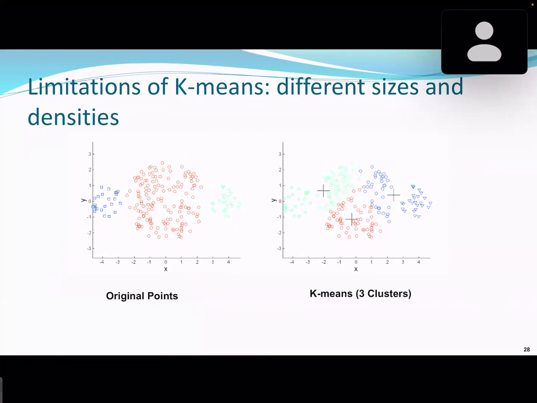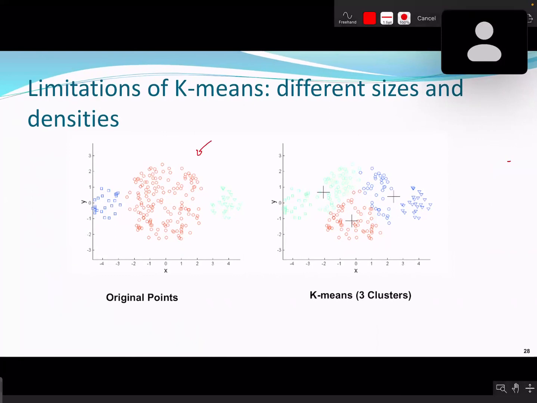Now, the reason why that happens is that this red cluster is fairly big. If you consider the centroid of this red cluster, probably this is where the centroid is. Now, if you consider this data object, which is on the periphery of this red cluster, you see that its distance from the centroid is quite far. The reason for this fairly big distance is that this cluster is big.